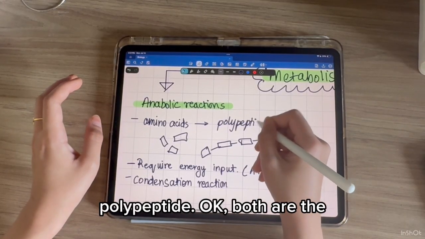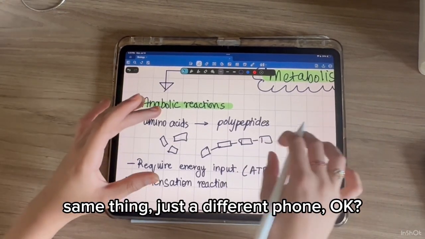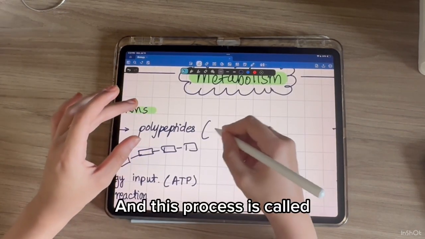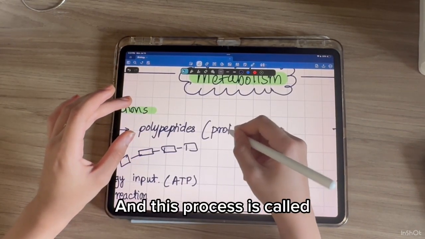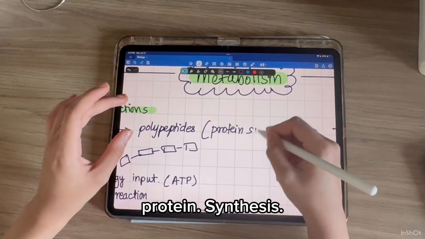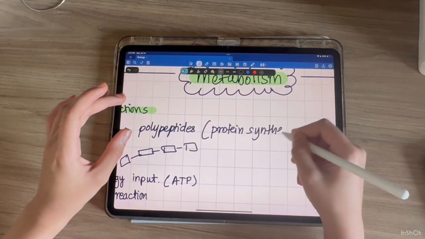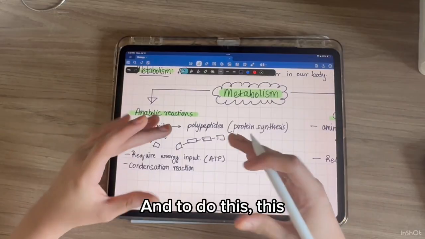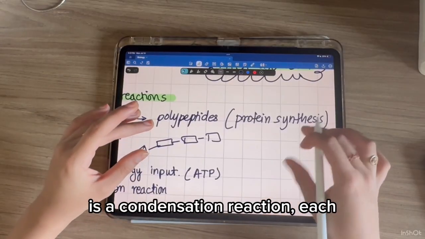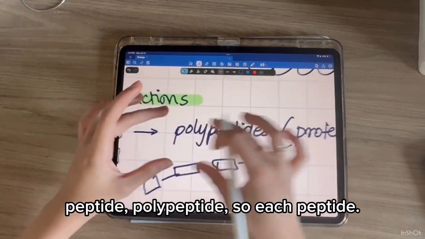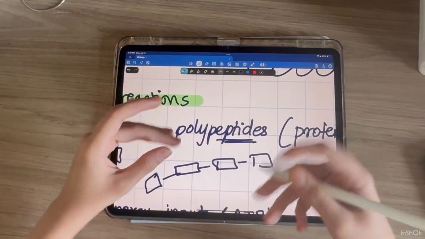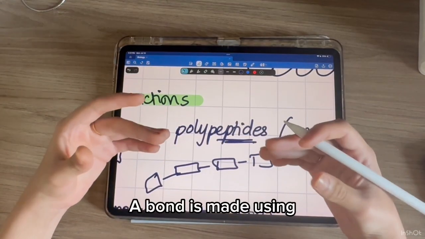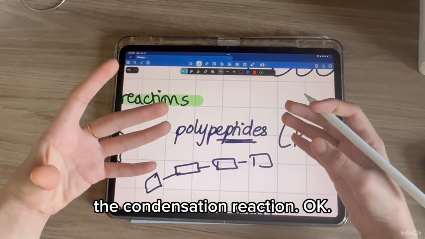Both are the same thing, just a different form. And this process is called protein synthesis. To do this is a condensation reaction. Each peptide bond is made using the condensation reaction.